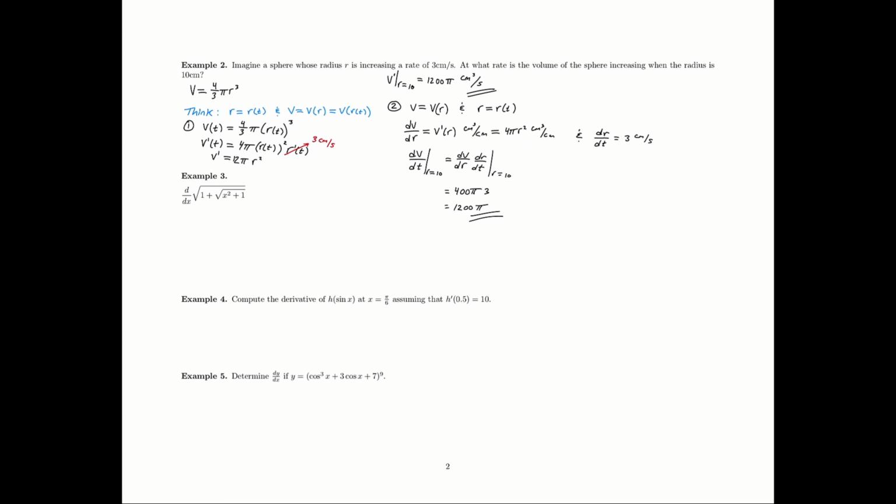So let's start by saying let u equal 1 plus x squared plus 1 to the 1/2. Then this derivative above is equal to the derivative d dx of really just u to the 1/2.